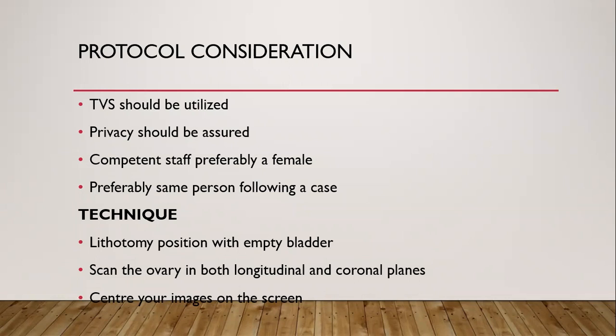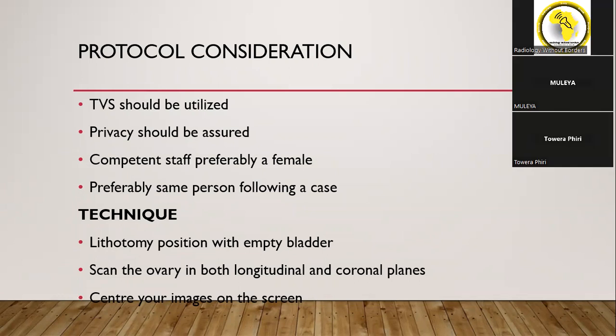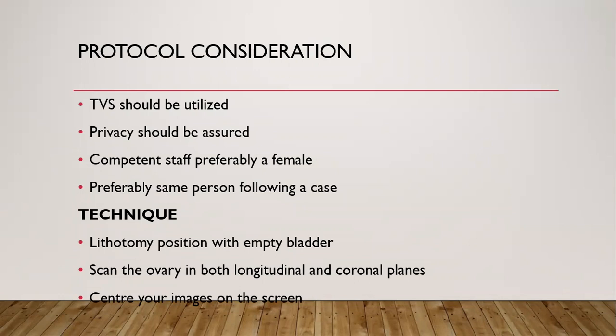Or probably they do an ovarian or follicular induction, and at the end of it all, you realize that the follicle does not contain an oocyte. So we need somebody who's competent, and preferably a female. If you don't have a female, even a male can do, as long as your client is okay with that.